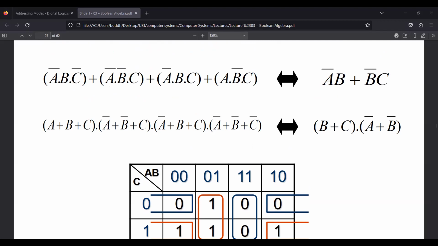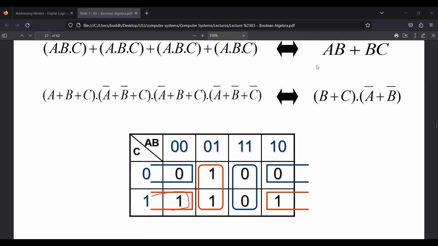Here, this one, and we can do it by using the SOP, as in SOP we are grouping zeros. It is the same rule. So same rule, as mentioned here. So this one and this one and this one, right? So here this is A, B, both bar.